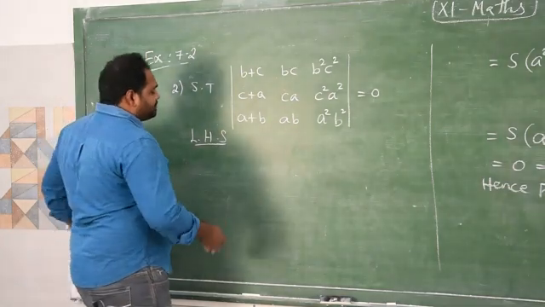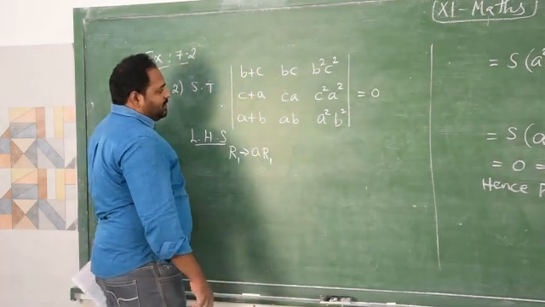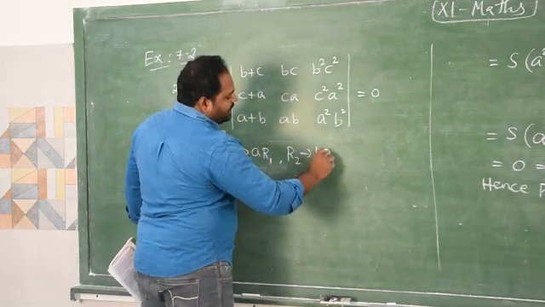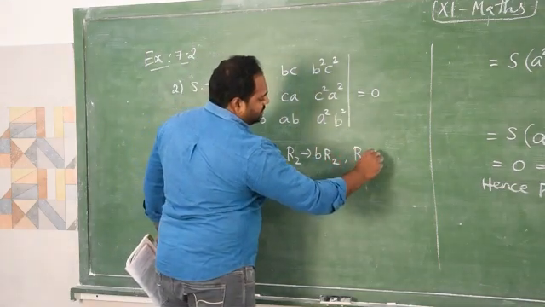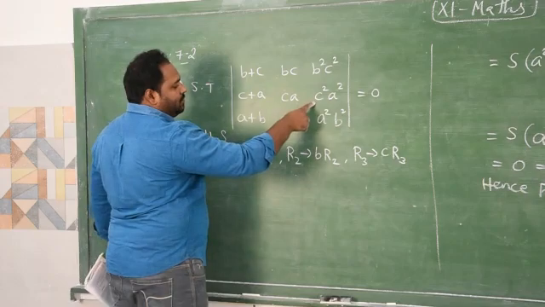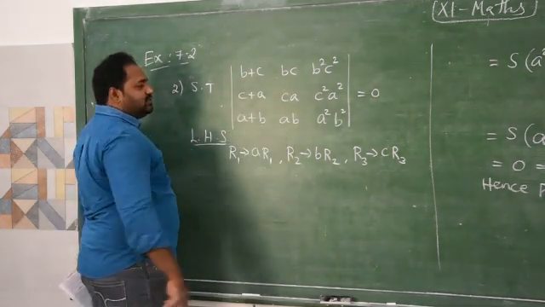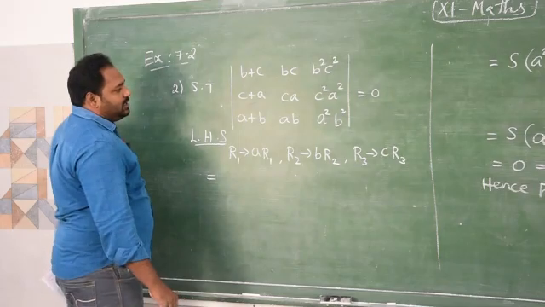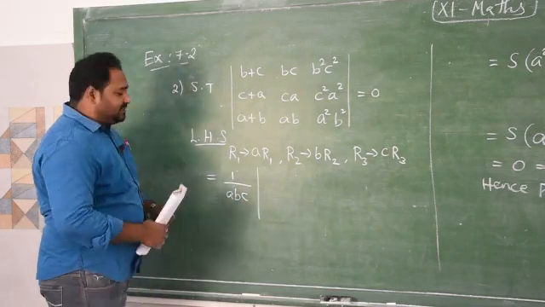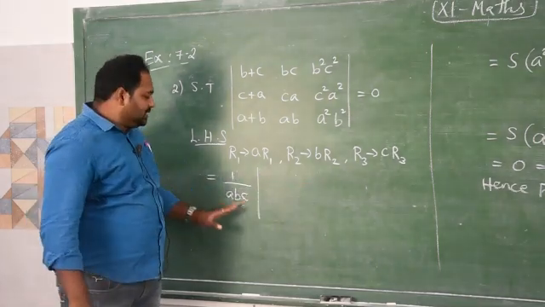Here, in row 1 I am going to multiply A, in row 2 I am going to multiply B, and in row 3 I am going to multiply C. If you multiply A, B, C in these three rows, it will be balanced outside by A, B, C in the denominator, because A, B, C divided by A, B, C is considered as 1.